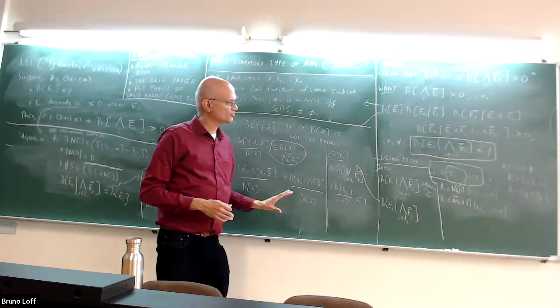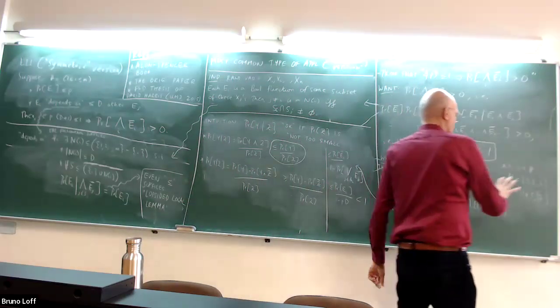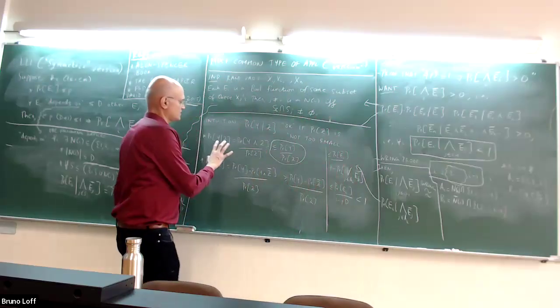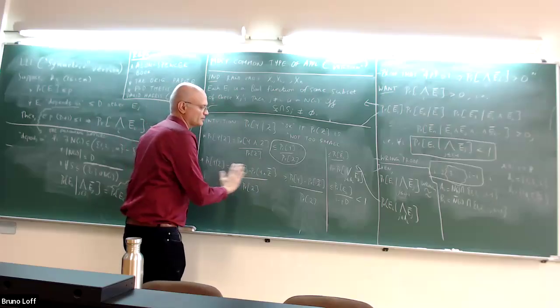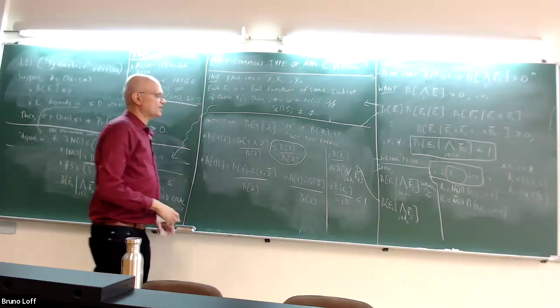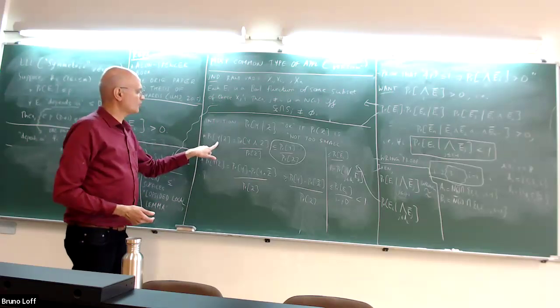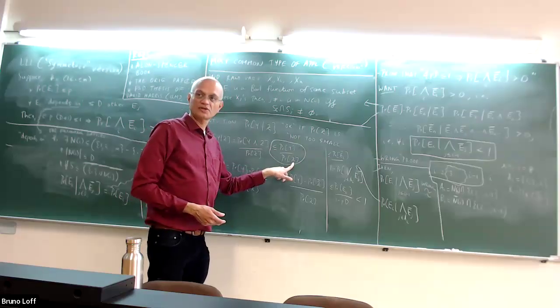I'm going to erase the wrong proof, but we use some of the ideas from here. The conceptual picture is this: don't worry about the second part now. The first part is just this. The probability of y given z is always less than or equal to the probability of y divided by the probability of z.